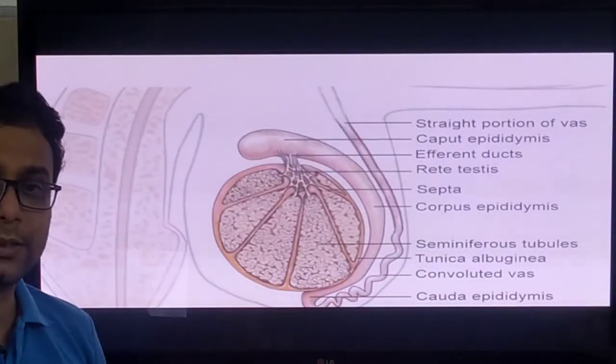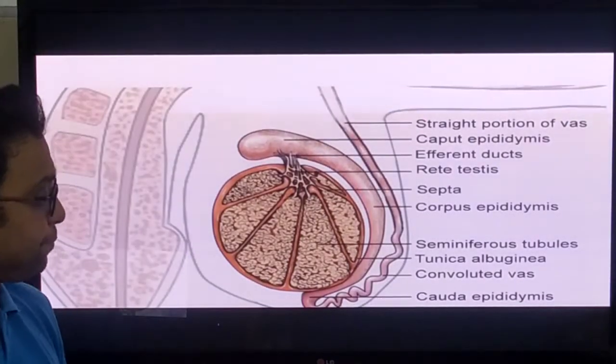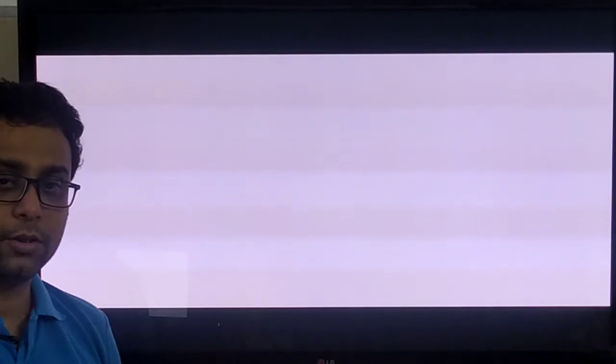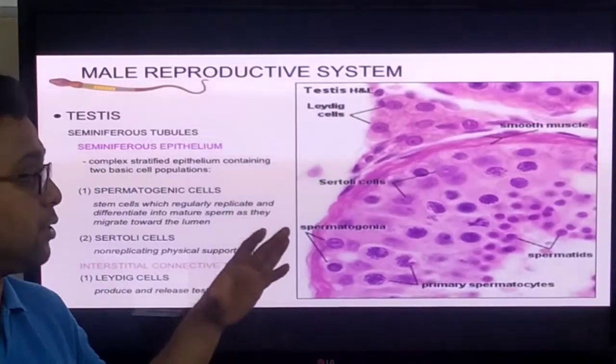If we discuss the internal structure of the testes, you observe some locules or compartments there, right? Those are called the testicular lobules. In the testicular lobules, some coiled structures are there. They are called the seminiferous tubules.